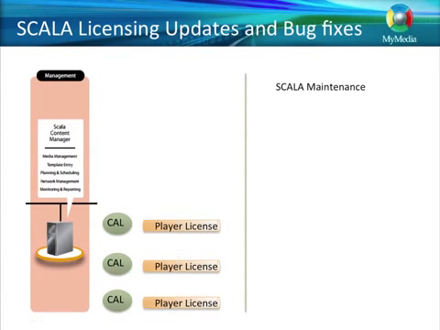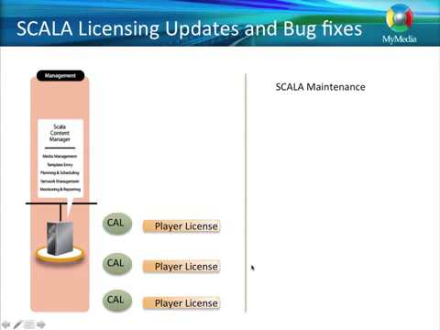So that's great. The next part of it, though, is that it comes with maintenance. You have to order the Scala maintenance, which allows you to do any updates or bug fixes. So let's say you order your licensing and got it up and running in June, and come July, there are some bug fixes and so on throughout the year.